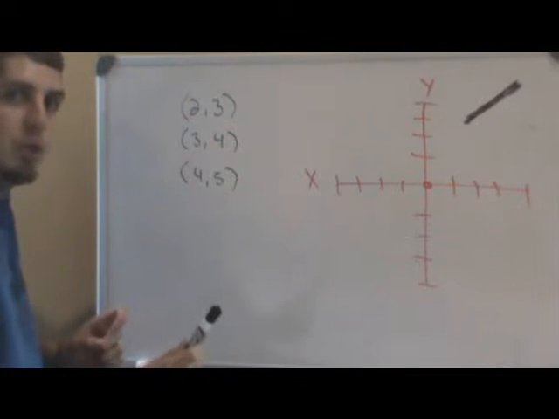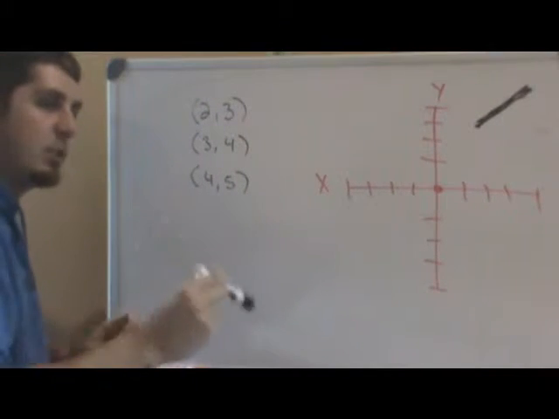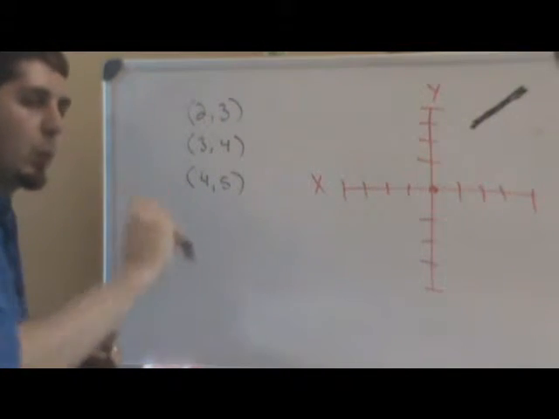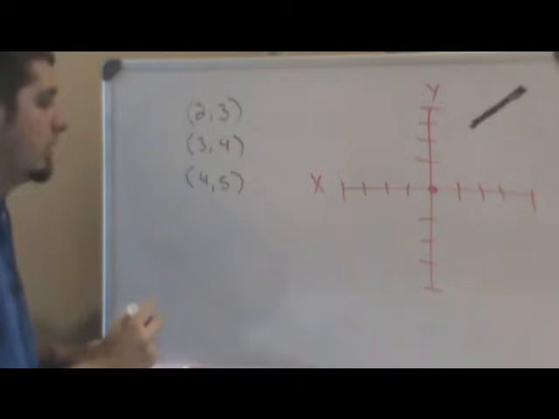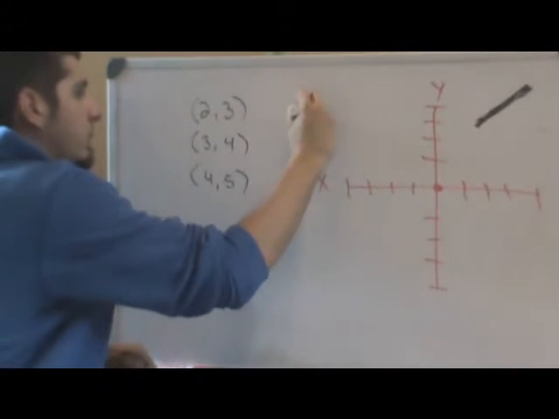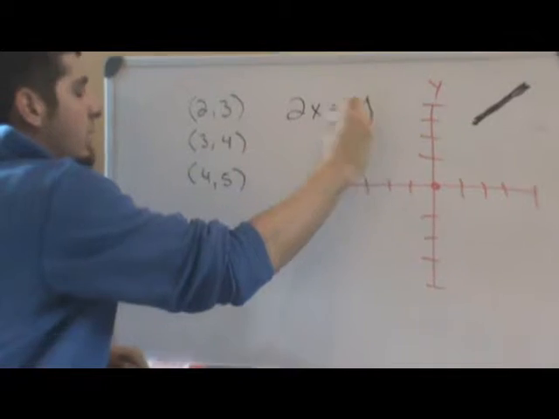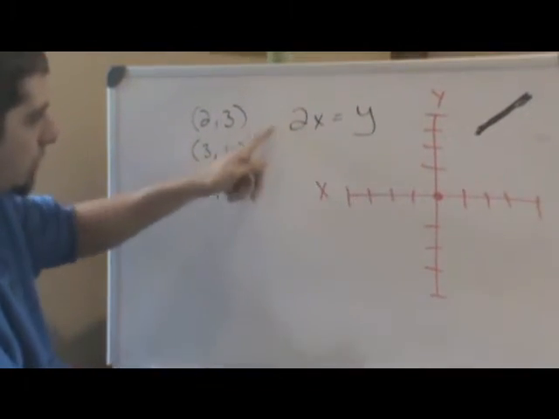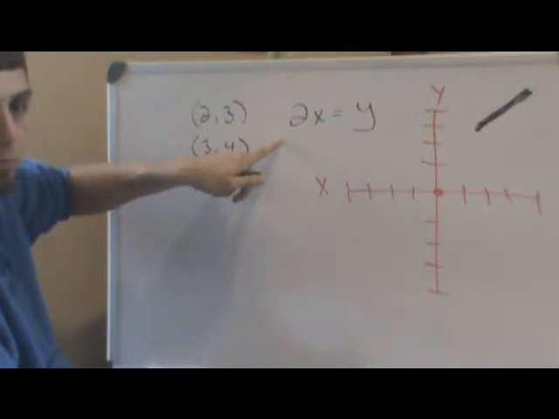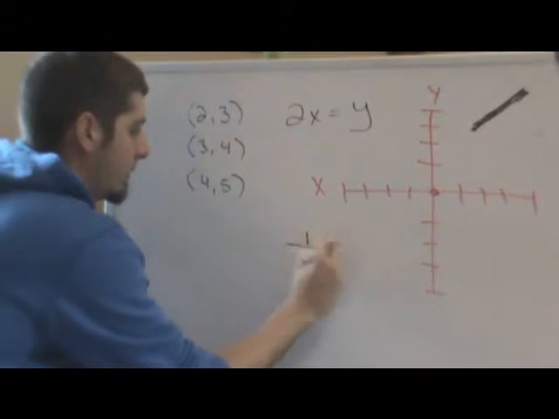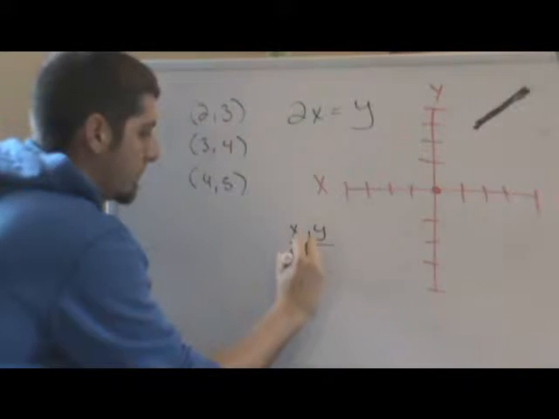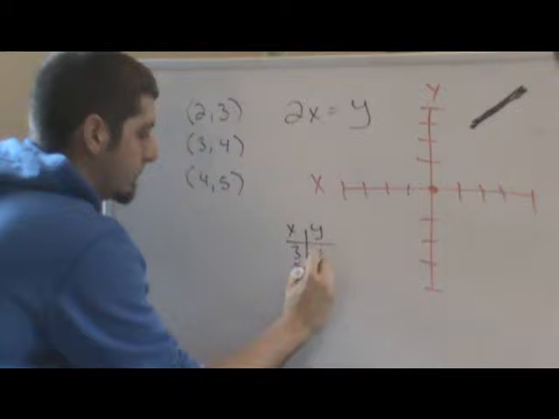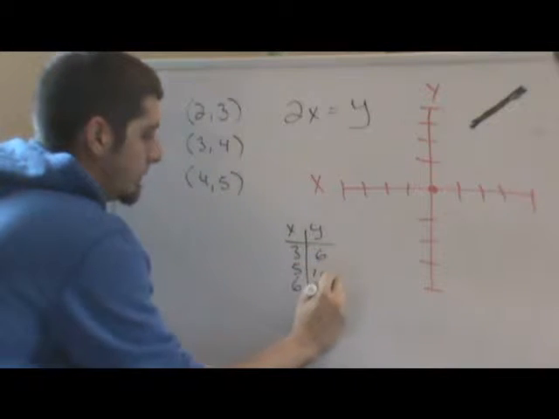Because remember, each function has an equation that goes with it that represents the relationship between x and y. So for example, going back to this one, this equation represents the function of this group of ordered pairs.